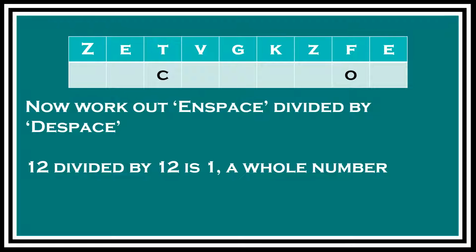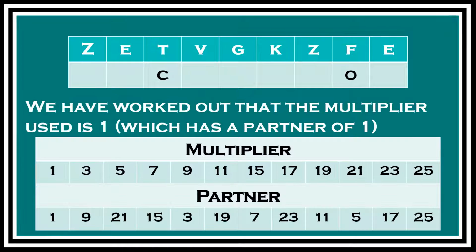We then need to work out N space divided by D space. Both of those are 12, so when we do that division we get 1, which is a whole number, and that is our multiplier.